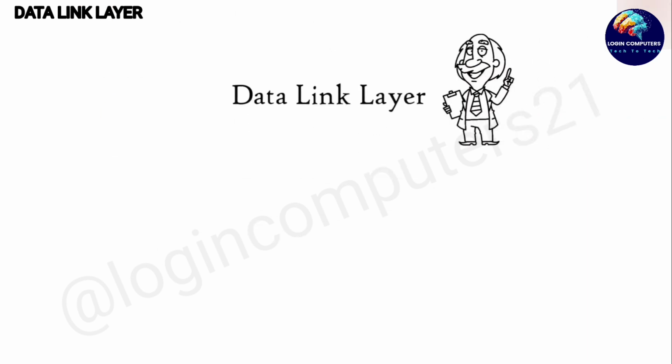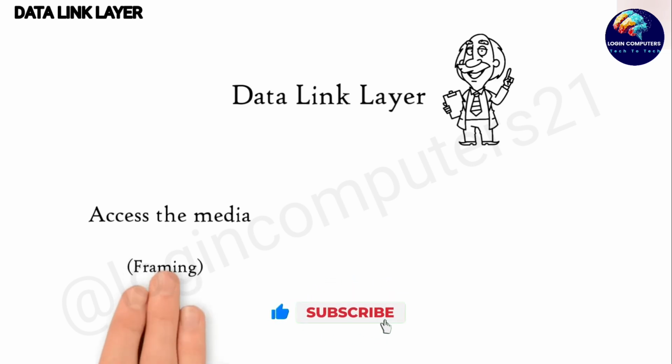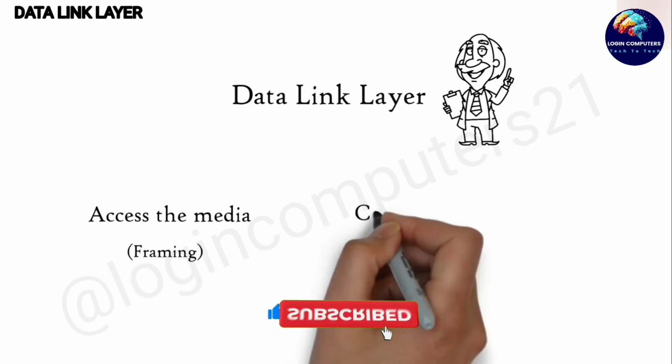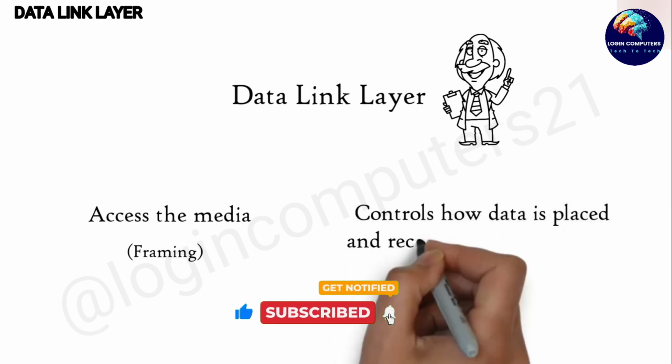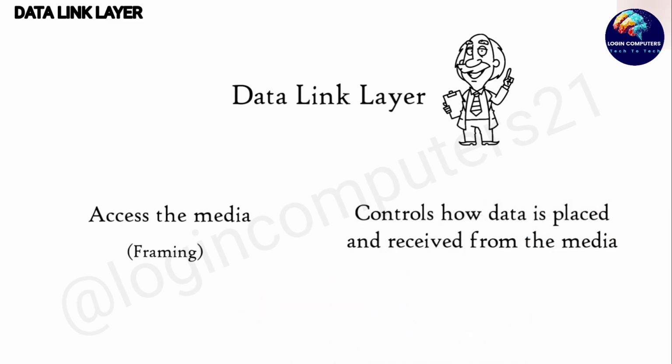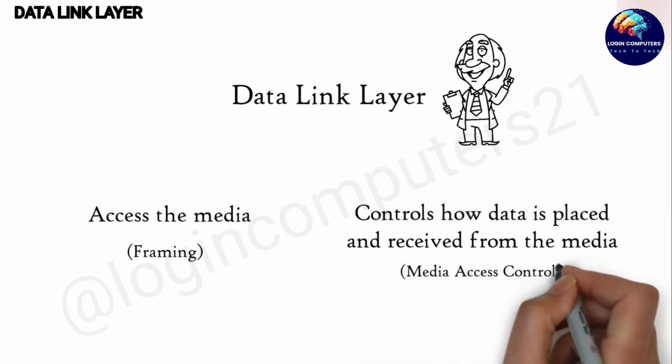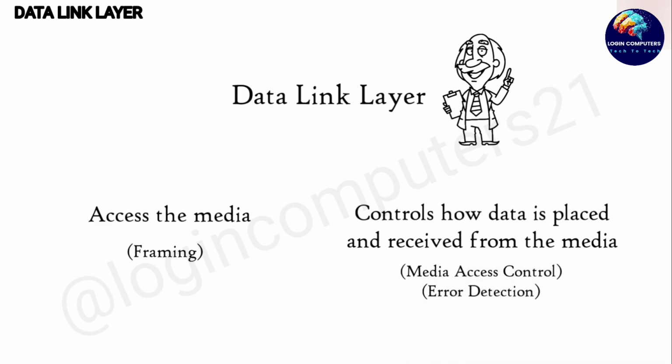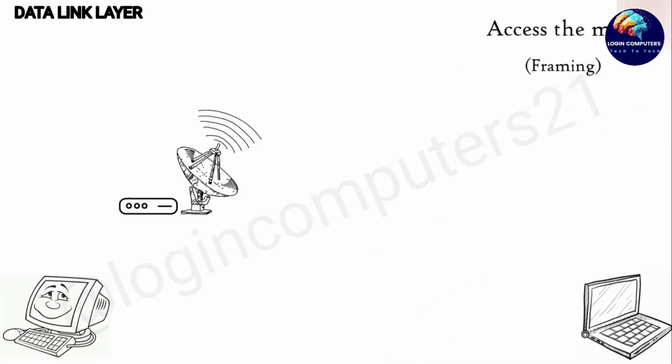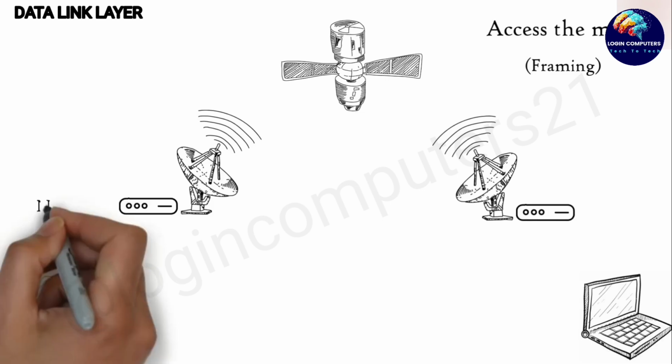The data link layer performs two basic functions. It allows the upper layers to access the media using techniques such as framing, and it controls how data is placed on and received from the media using techniques such as media access control and error detection. To understand access to media, consider two distant hosts, a laptop and a desktop, communicating with each other.